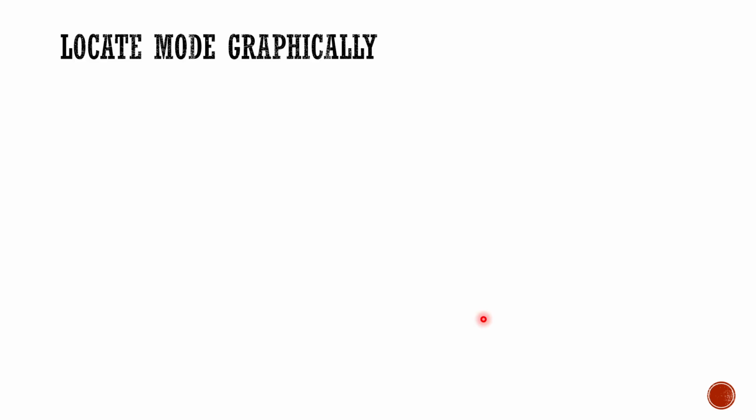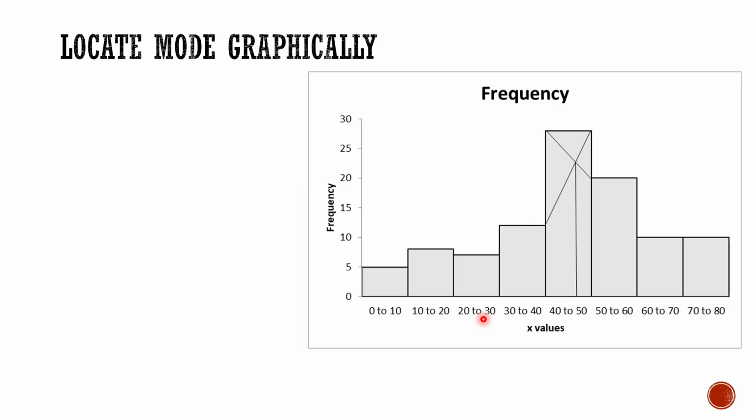Now we'll see how we can locate mode graphically, and for that I'll let you know how you can do it. First of all, you will have to have a frequency distribution, and we are using the earlier frequency distribution which we took in the last example.